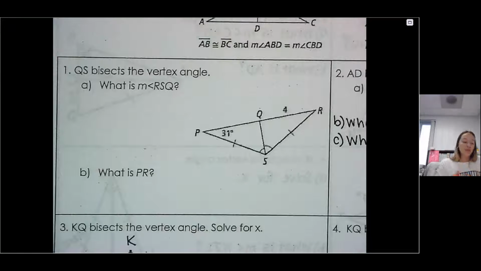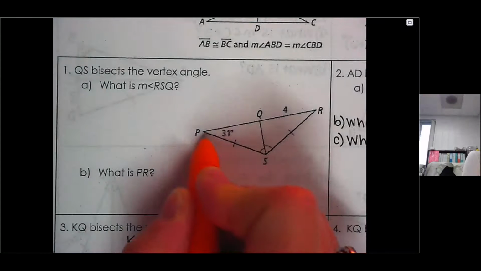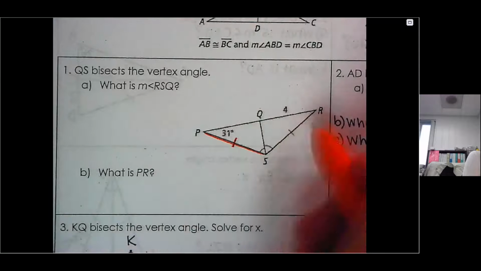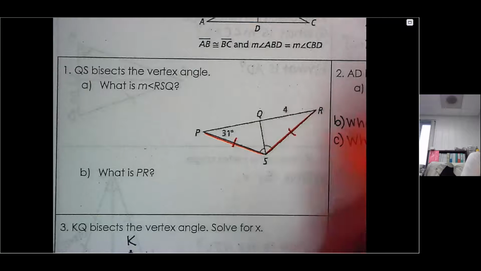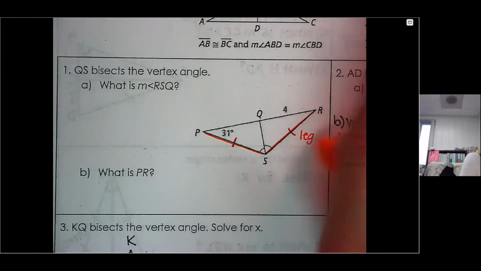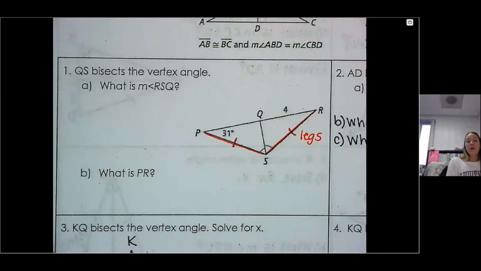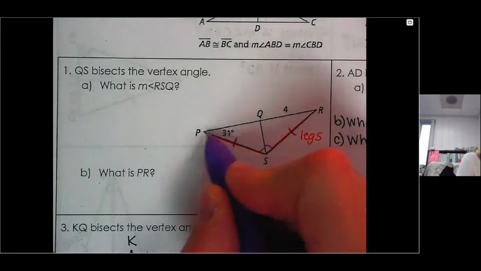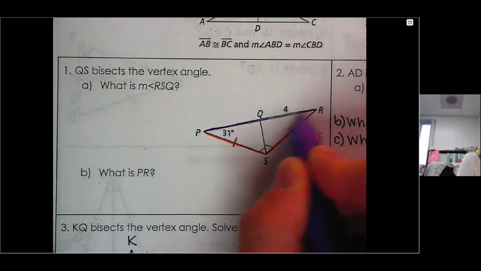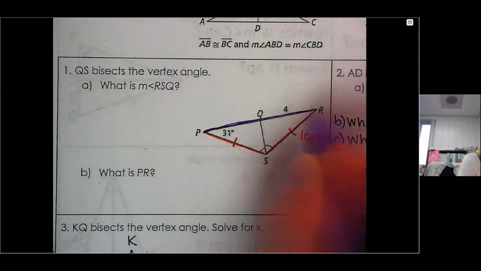PS and RS. Yep. So the two sides here that have these tick marks, these are our legs. So those two pieces should be exactly the same. What's that piece called all the way at the top there by itself? The base. Good. And don't let it freak you out that it's upside down, but this purple piece here is your base.